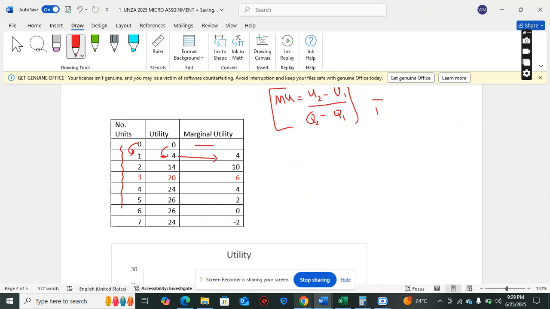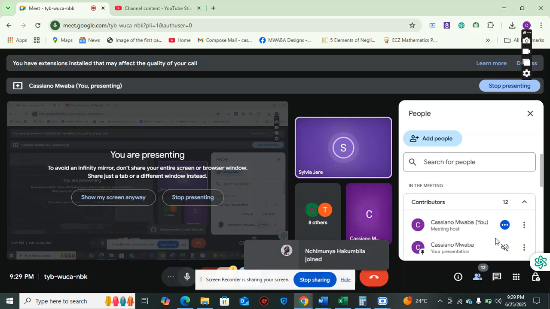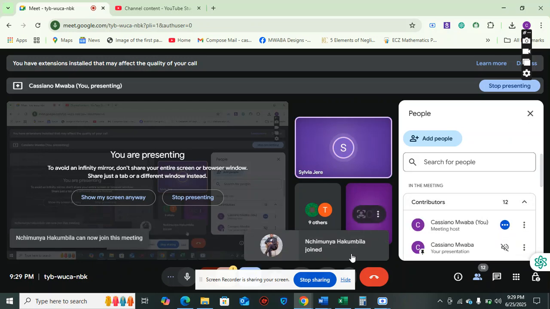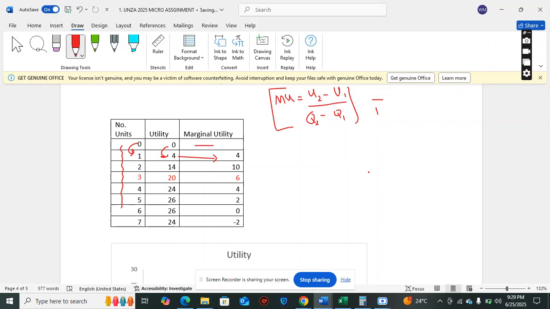It was business mathematics. Okay, since that's the case, then let's not use the shortcut.